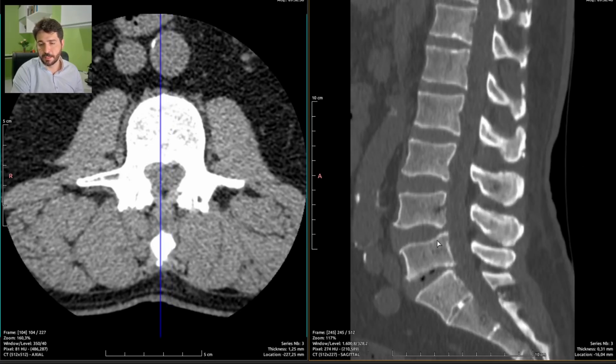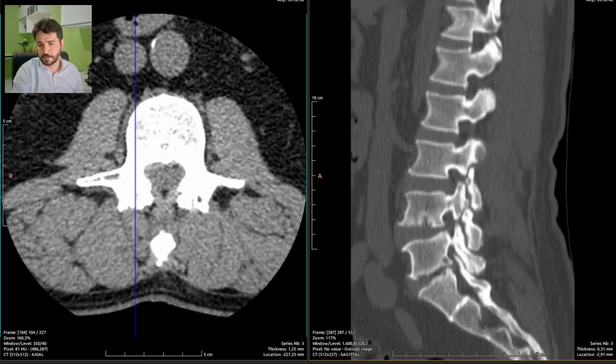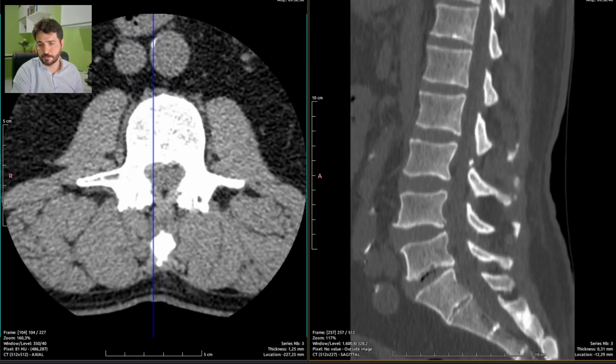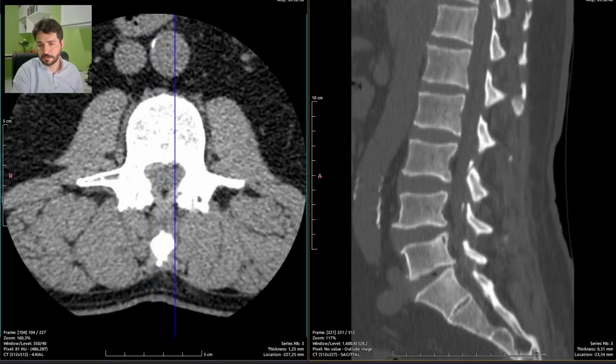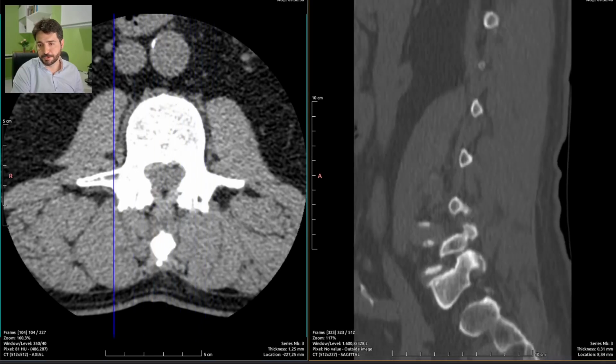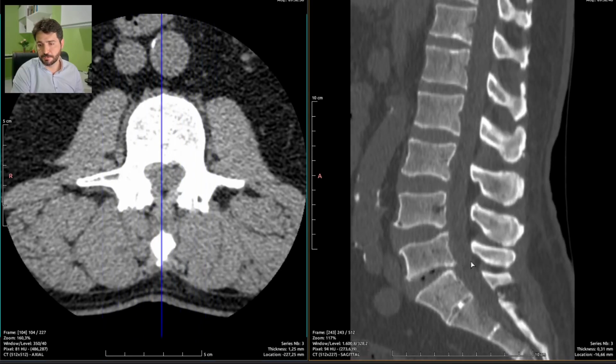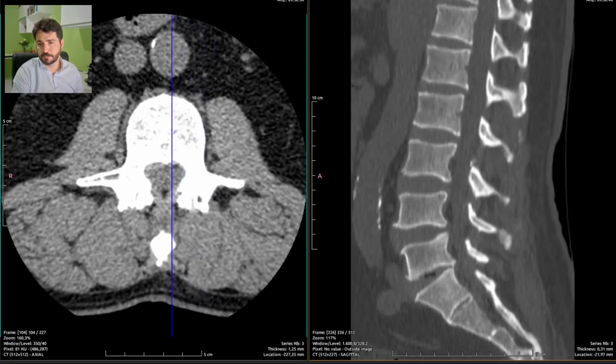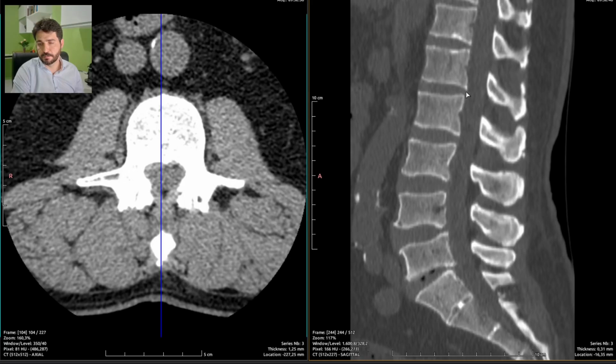I can see L5 is a bit dislocated backwards over S1, so we have a retrolisthesis, a posterior dislocation of this vertebra in comparison to S1. We have to report that also. And we have osteophytes on the anterior portion, on the lateral portion, and on the posterior portions of the end plates of the vertebral body.